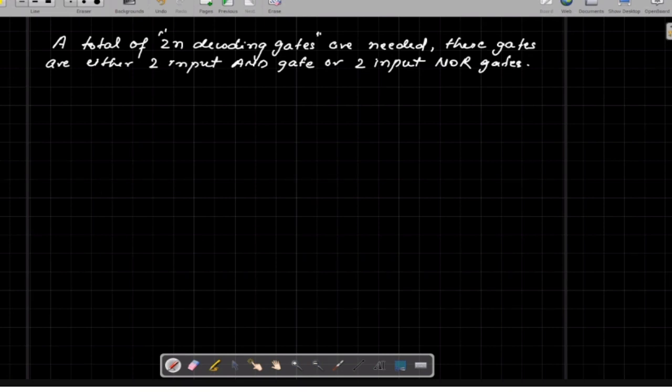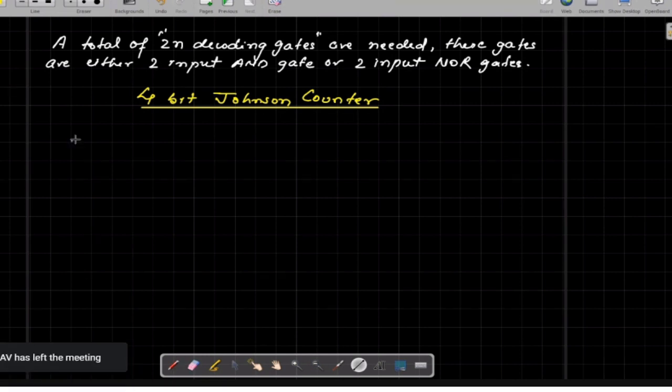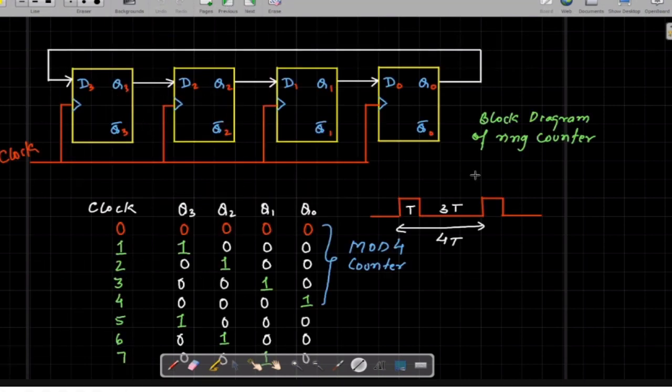But before that, let me first draw the conceptual block diagram of the 4-bit Johnson counter. Okay, 4-bit Johnson counter. So 4-bit Johnson counter, again we require 4 D flip-flops, which we have seen previously, like this.